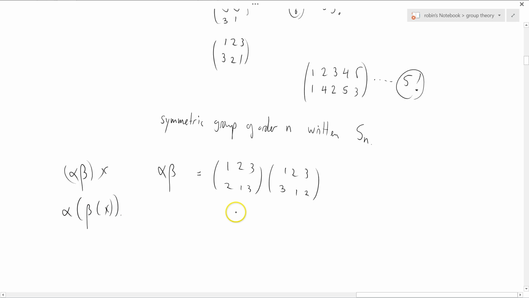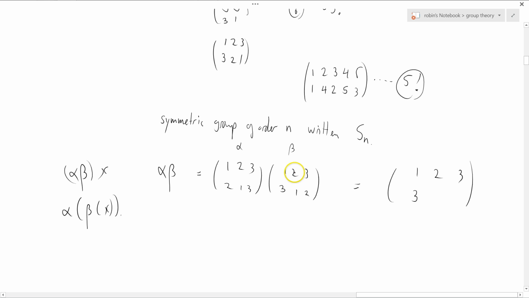So to work out what happens to these elements here, this one's alpha and that one's beta, so we'll work out what happens to 1. So we unwrap it like this, so we get x, which is 1 in this case, because we want to figure out what happens to 1. Then we do beta of x, so 1 goes to 3, and then we do alpha of that. 1 goes to 3, 3 goes to itself.